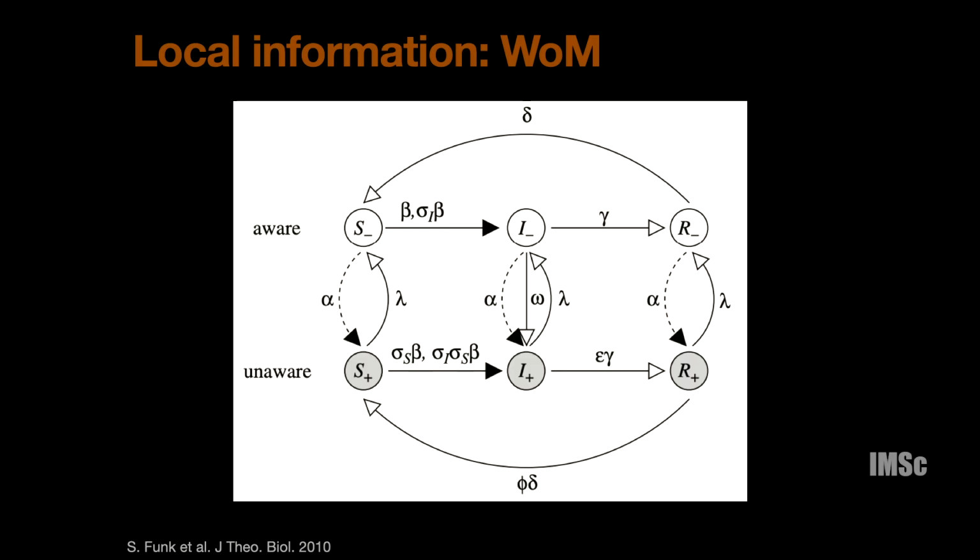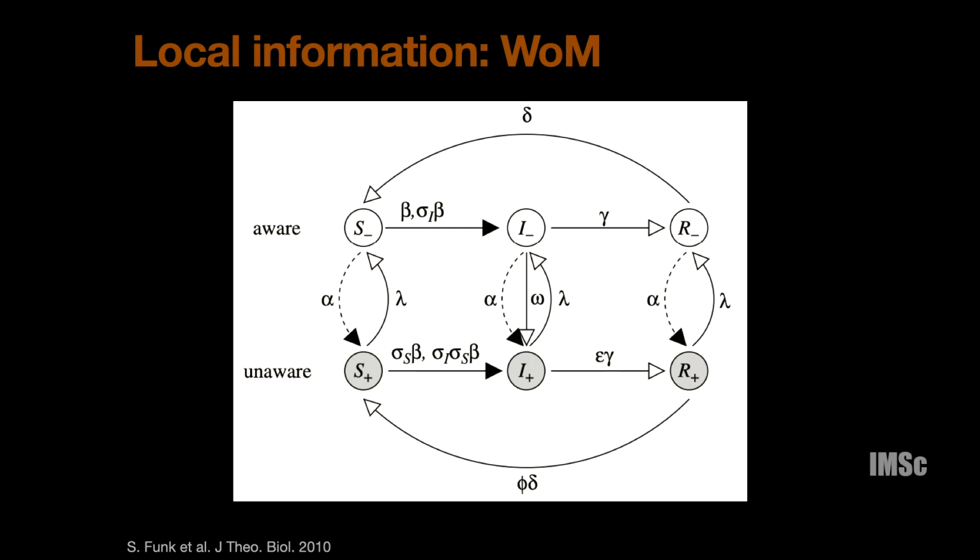Okay, so we consider that two things are spreading. One is information. So this class has the information, and this class doesn't have the information. I consider that individuals can go back and forth between those two states. Does it make sense?